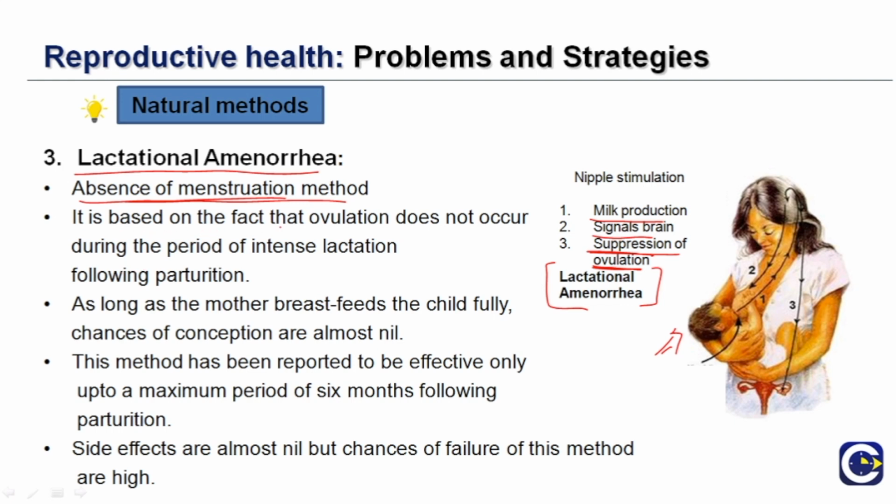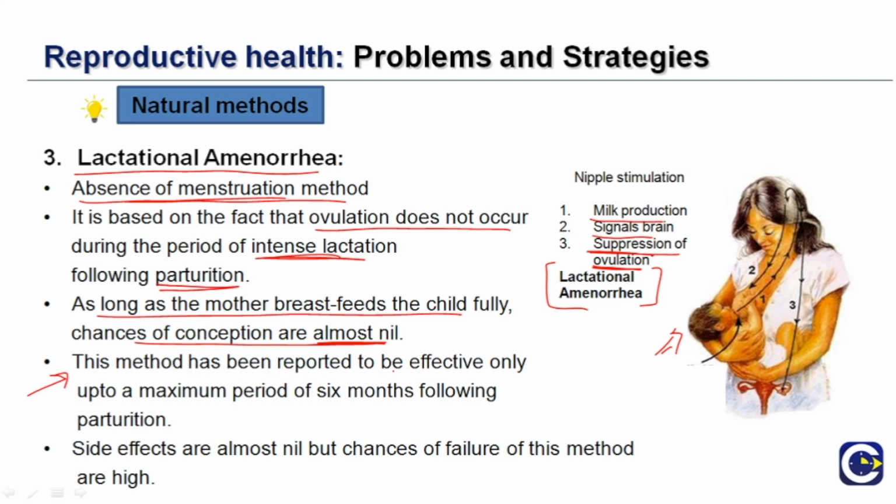It is based on the fact that ovulation does not occur during the period of intense lactation following parturition. So there is no ovulation taking place, and therefore the chances of the sperm reaching the egg are very less. As long as the mother breastfeeds the child fully, the chances of conception are almost nil. But there is another thing.